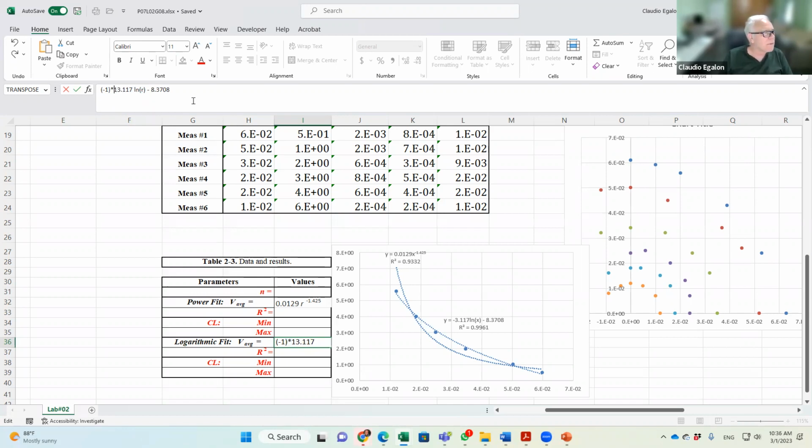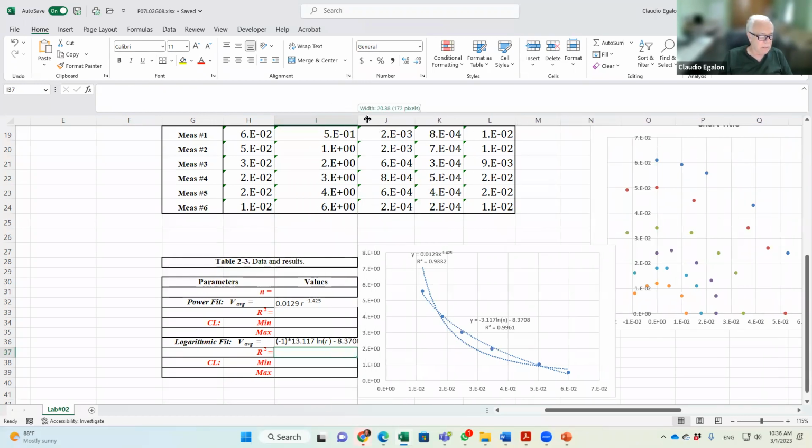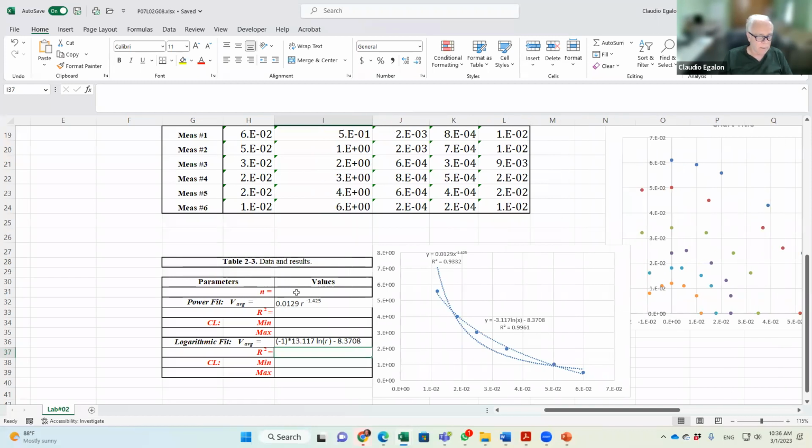And now I can italicize my R. Extend a little bit. Okay, this value here has a negative 8.3 because this function starts somewhere around here at 8. With R squared.